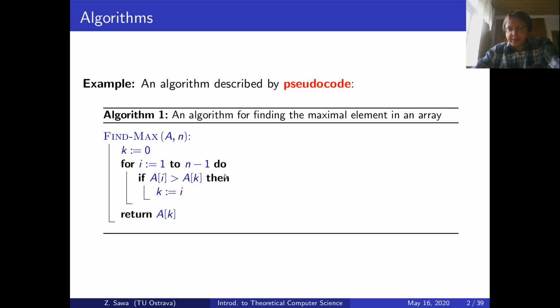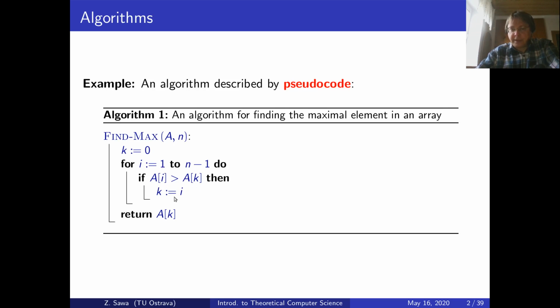It's a very straightforward algorithm where we start by assigning the value 0 to a local variable k, where this value k indicates the element of the array that has been maximal so far. Then in a for cycle we go through values of i from 1 to n minus 1, and always check if the element at position i is greater than the element at position k.